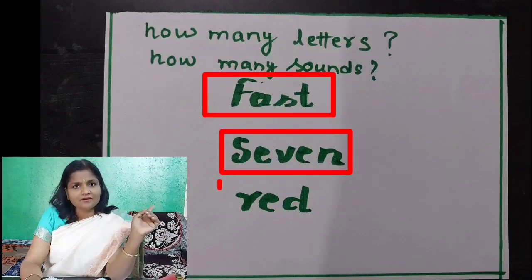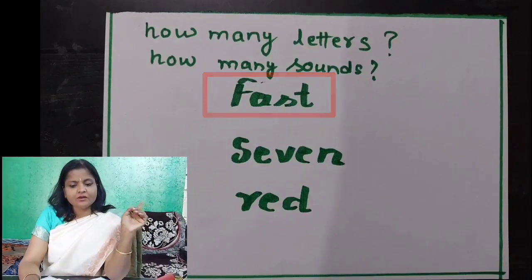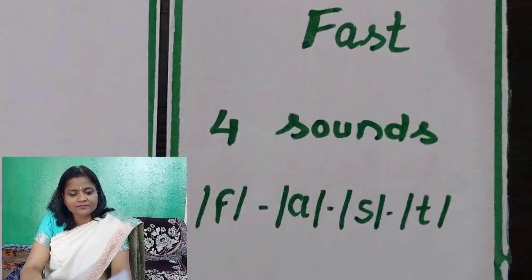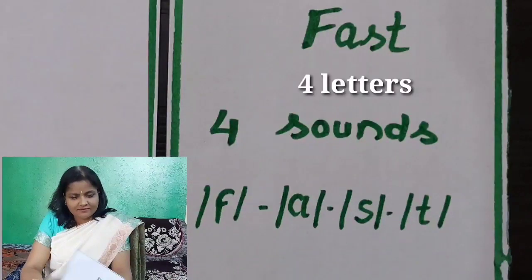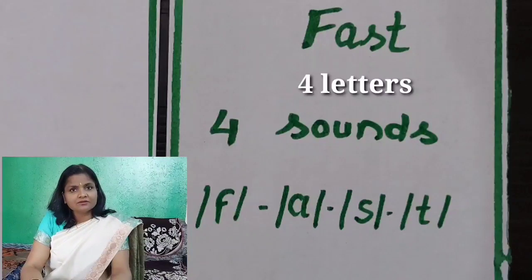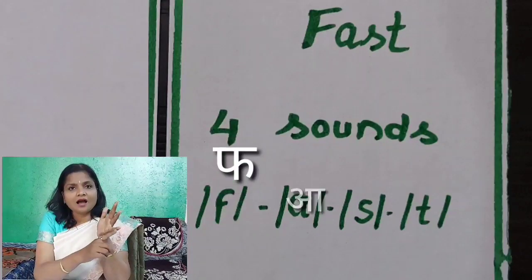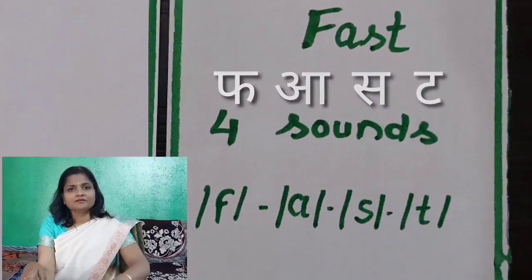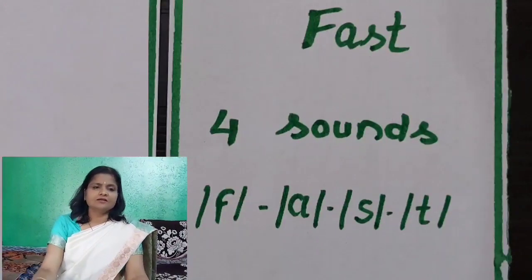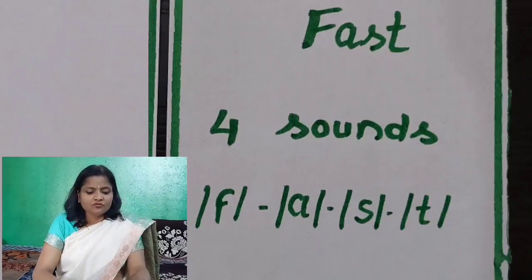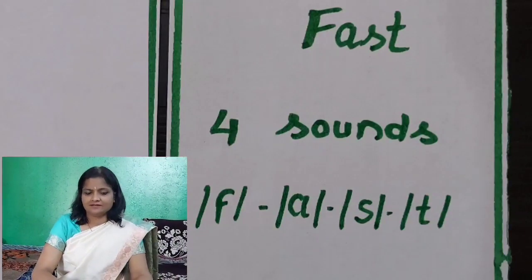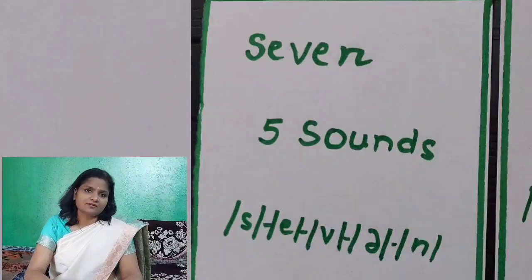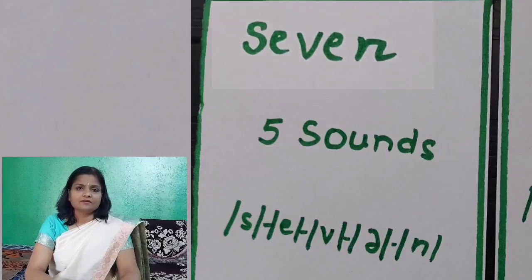Fast, seven, red. In fast, how many letters are there? 4 letters. And the sounds? F, A, S, T. So 4 sounds are there, 4 letters are there. No doubt about it. Now the next word is seven.